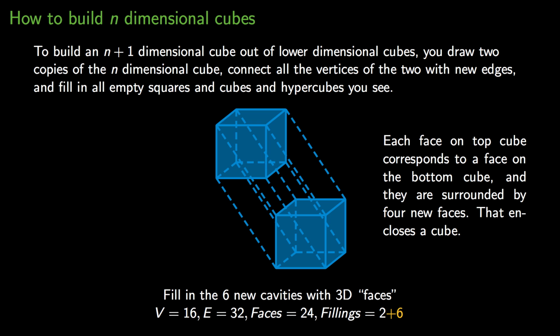There's going to be one of these for each of the faces of the original 3D cube, and there's 6 of those. So that means 6 new 3D faces, which I'm also calling fillings. I made that word up. And so there are going to be a total of 8 3D faces in a 4D cube.